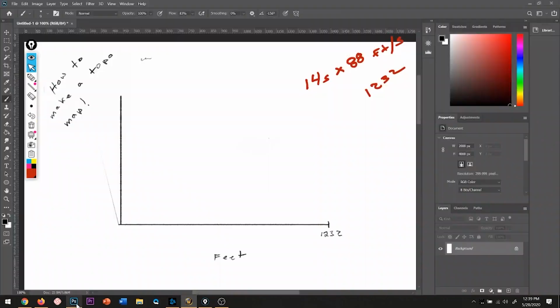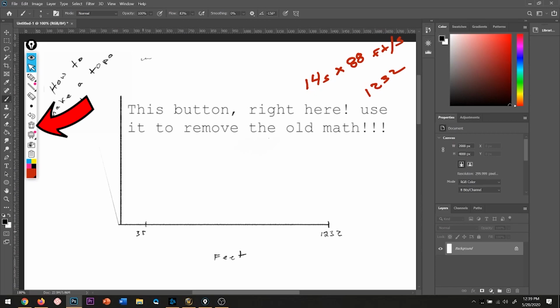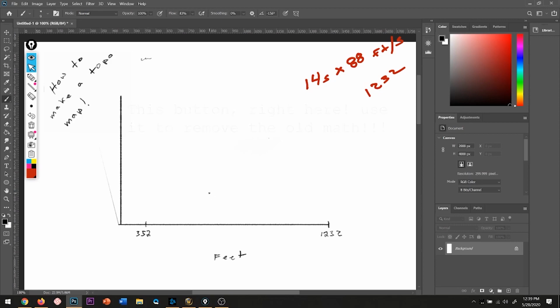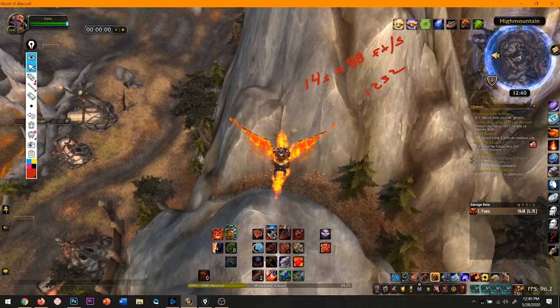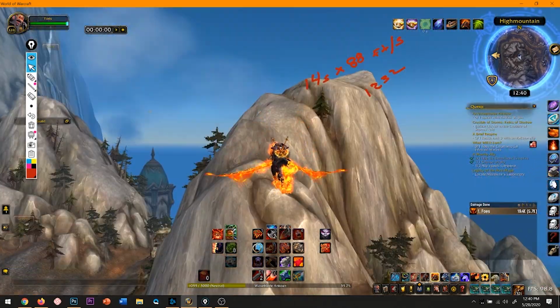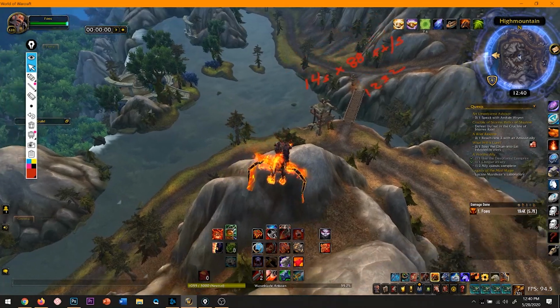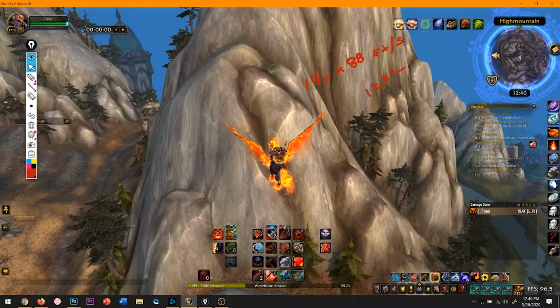So go back to Photoshop. So our first mark is going to be 352 feet. I'm going to put that about right here. 352. Okay, now we're going to fly to the next high point, which would be probably right here.